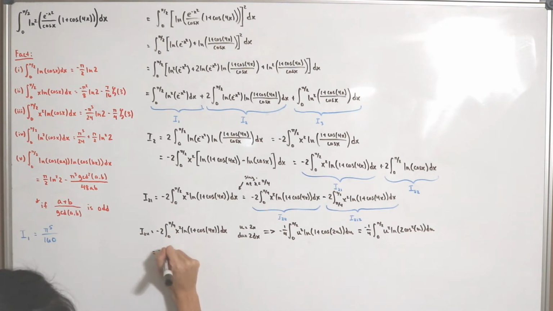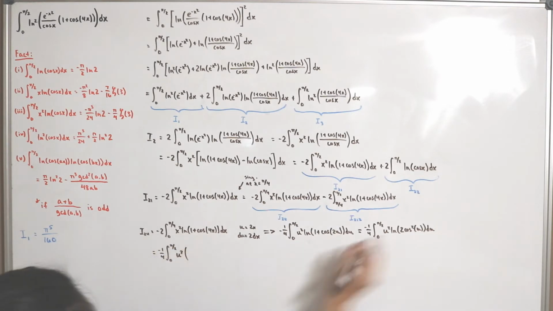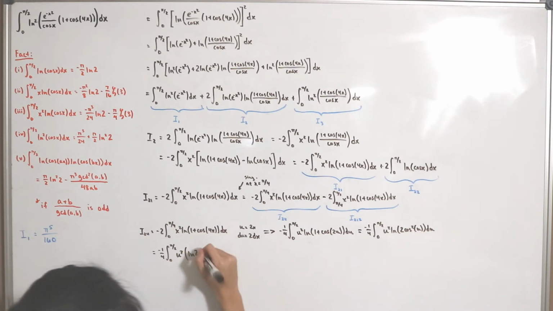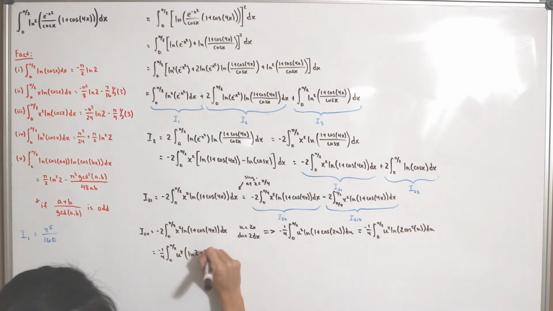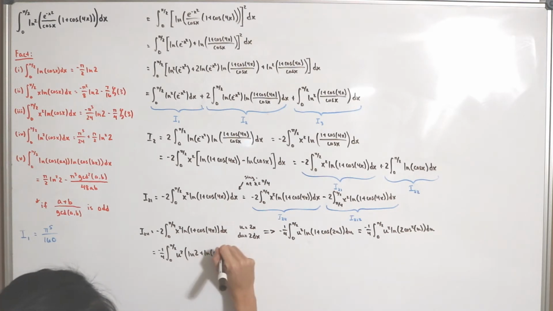So this is negative 1 over 4 times the integral from 0 to pi over 2 of u squared multiplied by the natural log of 2, plus the natural log of cosine square of u, du.